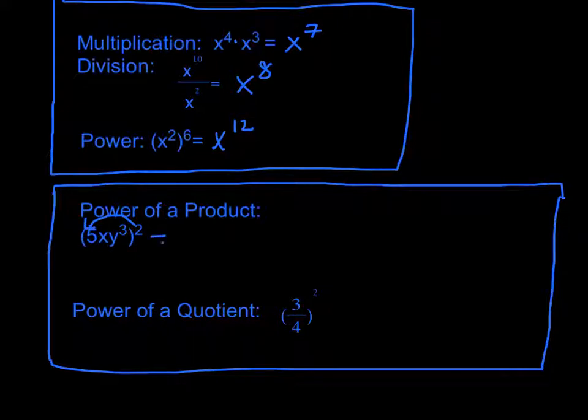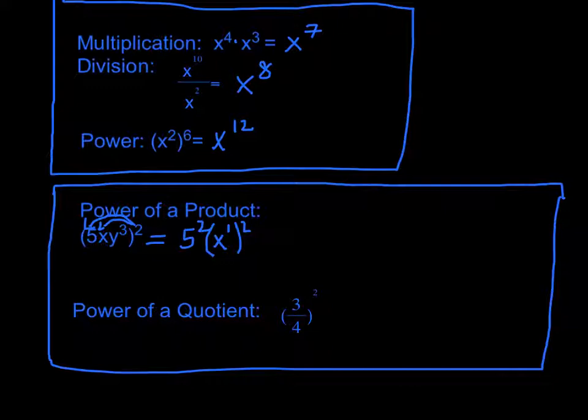So what I mean by that is I'm going to make that 5 squared, and I'll simplify that in a minute. Then I'm going to take that power and distribute it through to the x. Well, that x is to the first power, so really what I'm doing is x to the first, and then taking that and raising it to the second. Okay, and that's our power rule from the box up above.